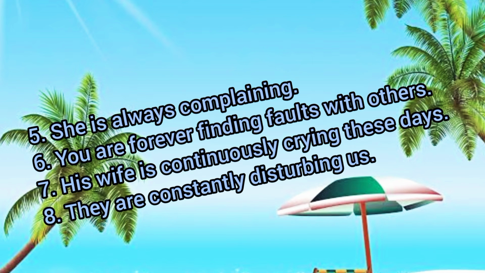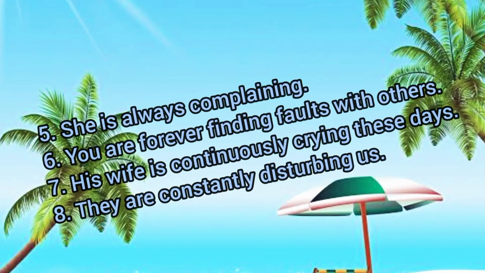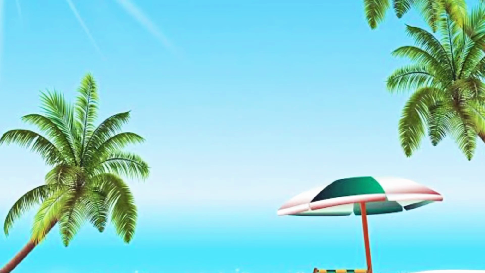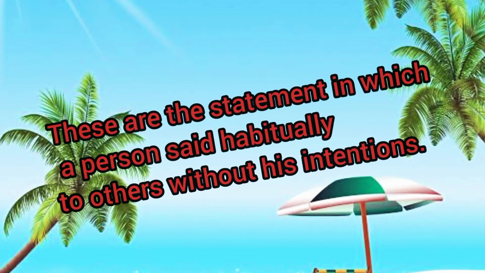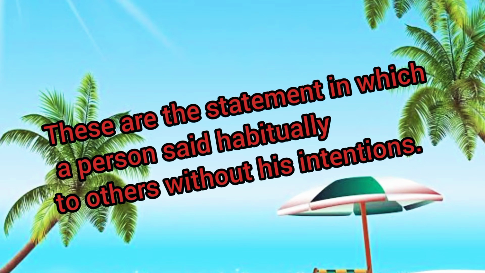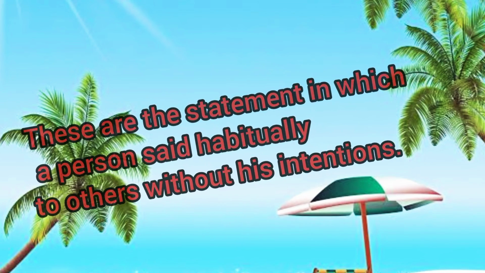These are some statements, right, which are consistent, which are persistent, and these are the words which you can see here are used habitually against others' will. दूसरों की मर्जी के विरुद्ध किसी को इस तरह से बोलना, लेकिन बोलने वाला वो आदतन ऐसा बोल देता है.